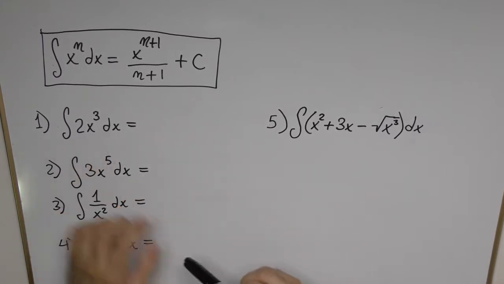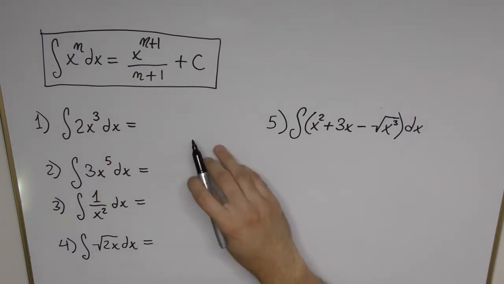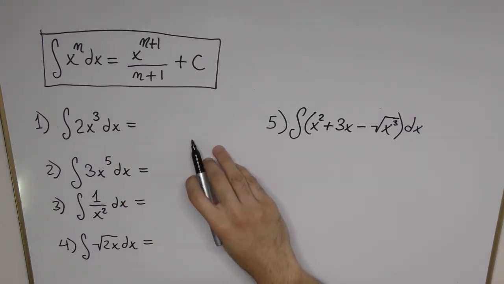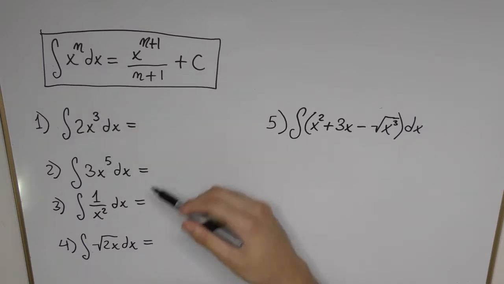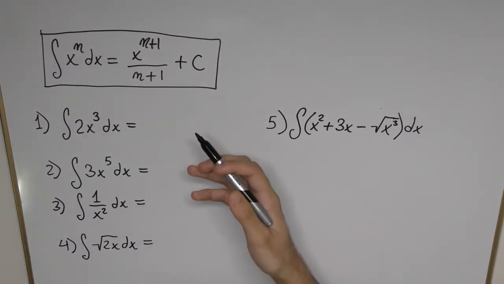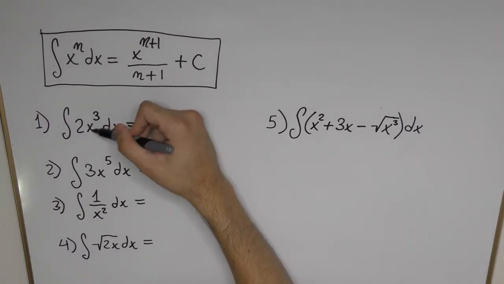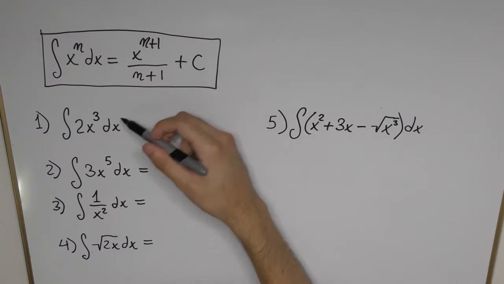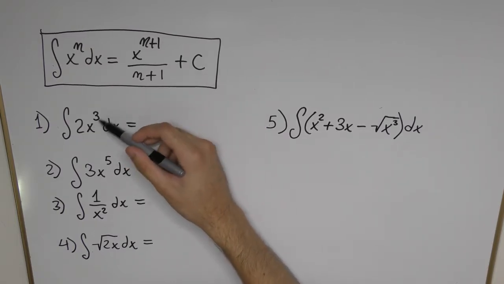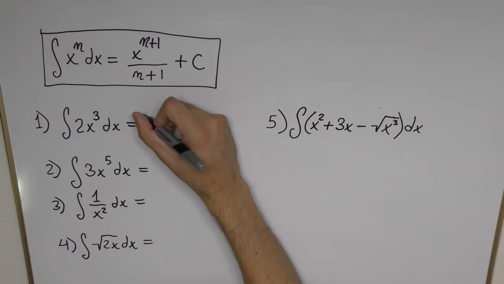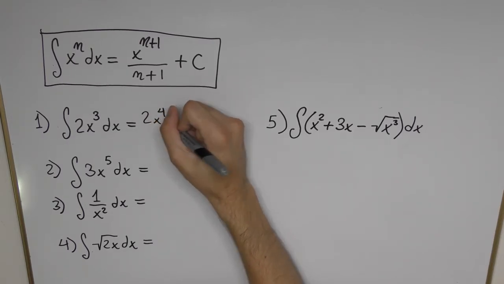Now the first one we're going to start with is 2 times x to the power of 3. The constant at the front, 2, is not really going to have any impact on our integration procedure because we know it's just going to stay there, multiplying x cubed. So our main focus here is the x cubed function. What we're going to start off with is adding 1 to the power, so that's going to be x to the power of 4.